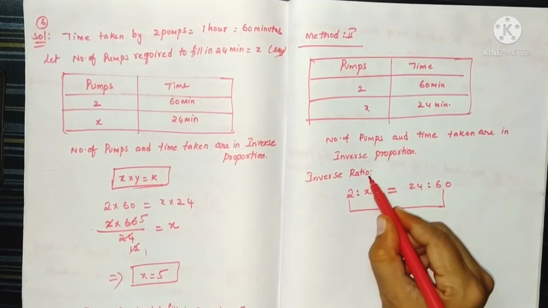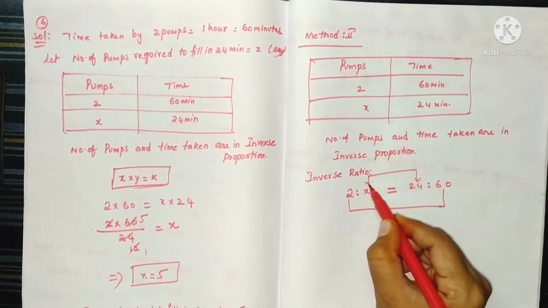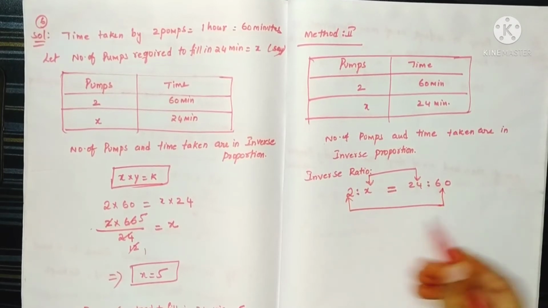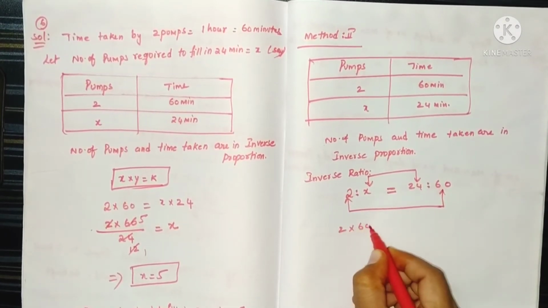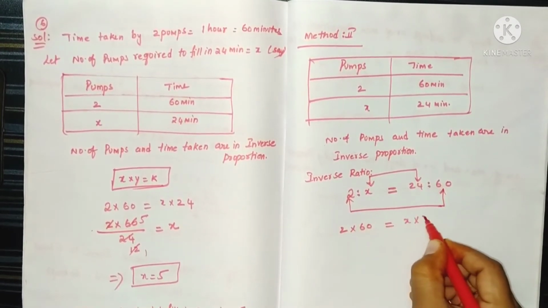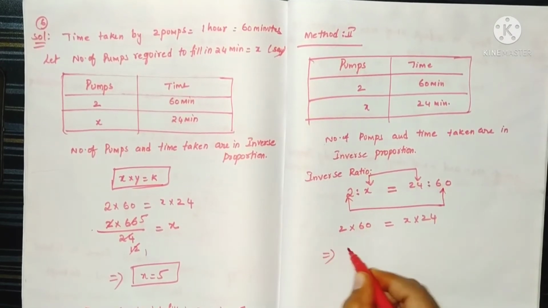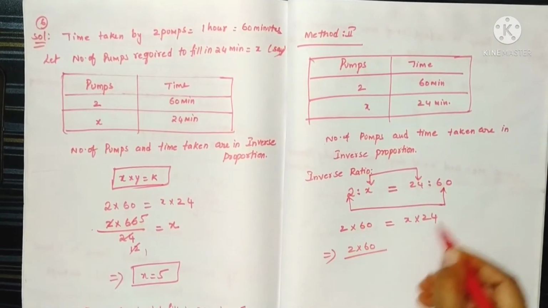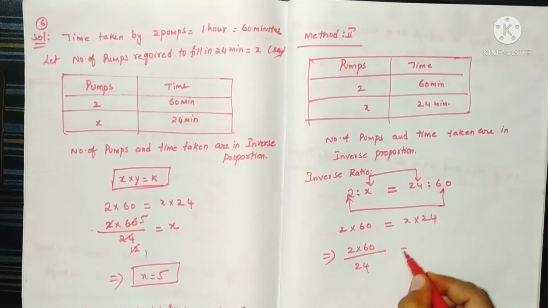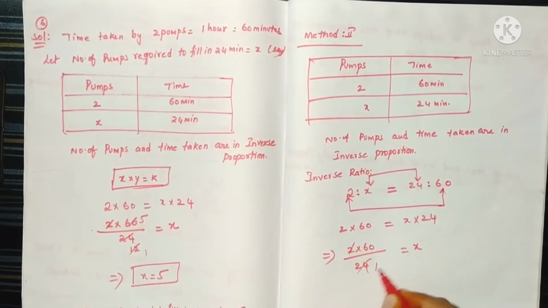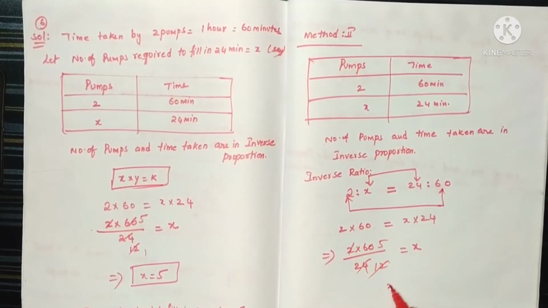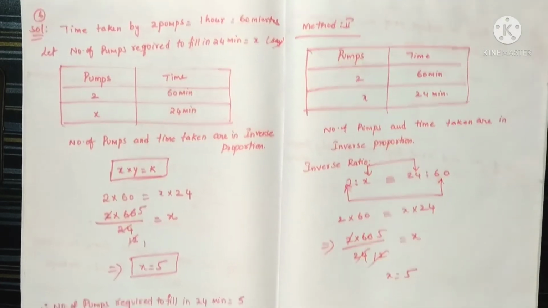Product of extremes is equals to product of means. So 2 into 60 is equals to x into 24. So 2 into 60, after transposing this, it comes under division. Same cancellations. So x is equals to 5.